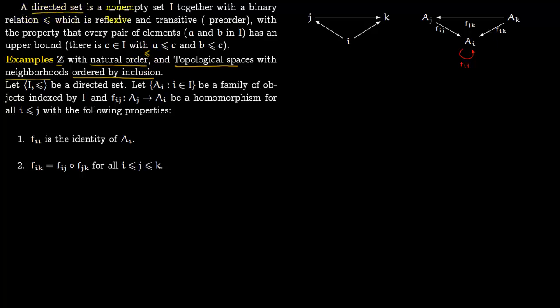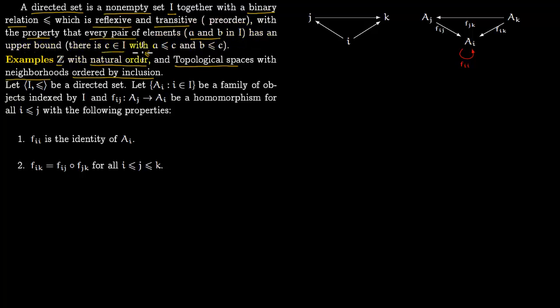So a directed set is a non-empty set I. You can always think of this I as integers or natural numbers. This comes equipped with the binary relation, less than or equal to. This relation is reflexive and transitive, just like in integers, and it has a property that for every pair of elements, say you pick two elements A and B in I, then there is an upper bound.